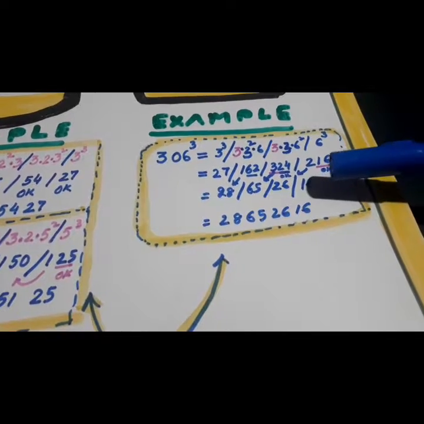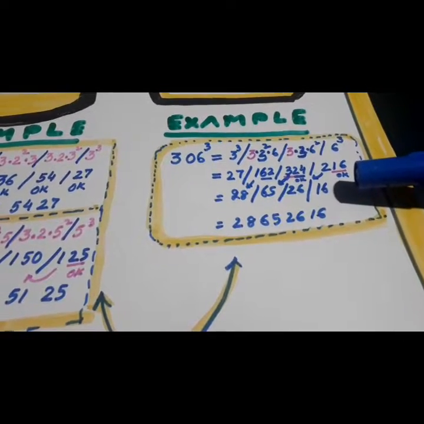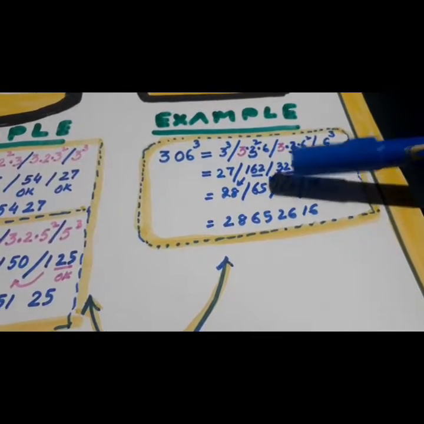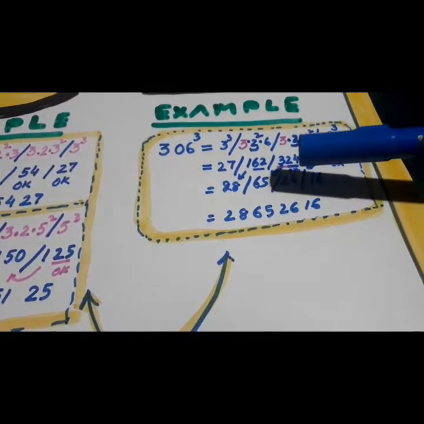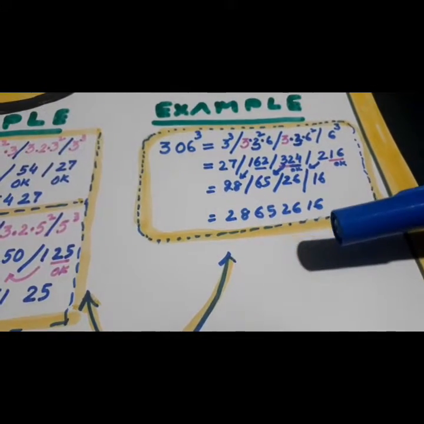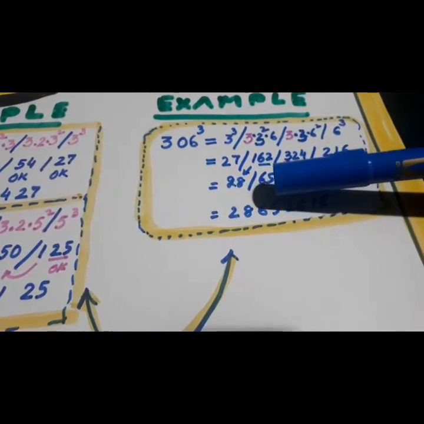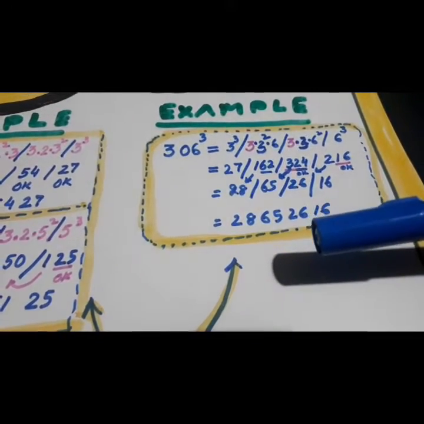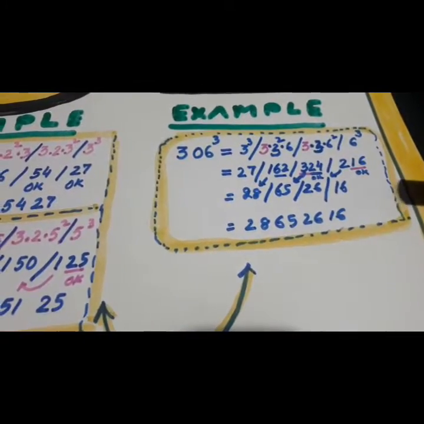It is 216. Keep only 2 digits. Take 2 to this side. It becomes 326. Write 26 here. Take 3 on this side. It becomes 165. Keep 65. 1 will go here. It becomes 28. So answer is 28, 65, 26, 16.